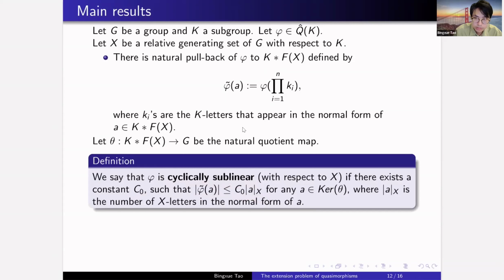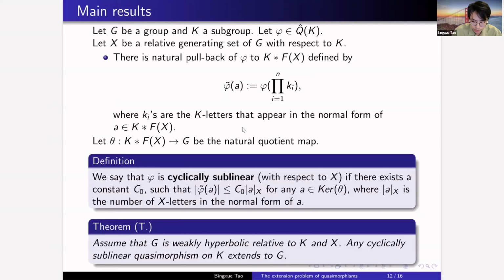It is equivalent to say that it is sublinear with respect to the word norm of A. But here we write this X, but it doesn't matter if you consider it as a norm. So the main result is that if the group G is weakly hyperbolic relative to K and X, then any cyclically sublinear quasimorphism on K extends to G.